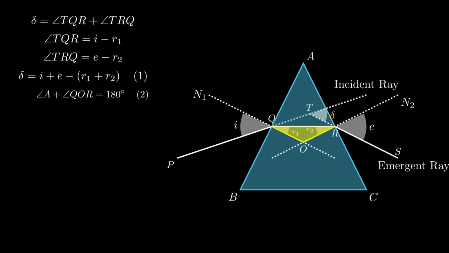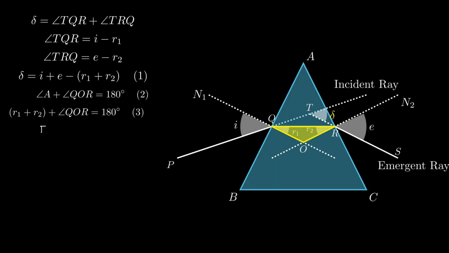Now, if we consider triangle QOR, by using the angle sum property, we will have angle RQO plus angle QOR plus angle ORQ equals 180 degrees. Since angle RQO and angle ORQ are R1 and R2 respectively, our equation reduces to R1 plus R2 plus angle QOR equals 180 degrees.